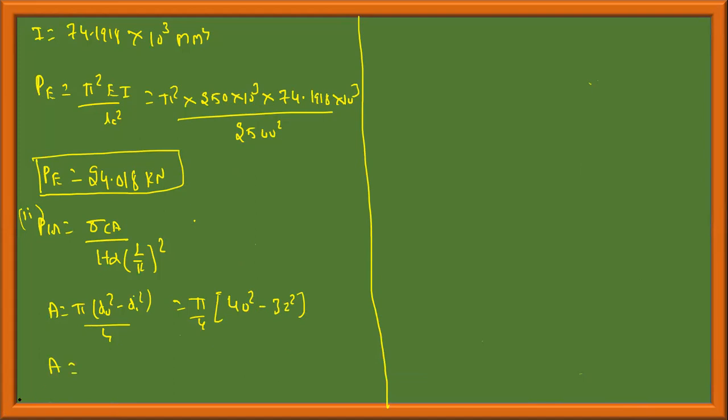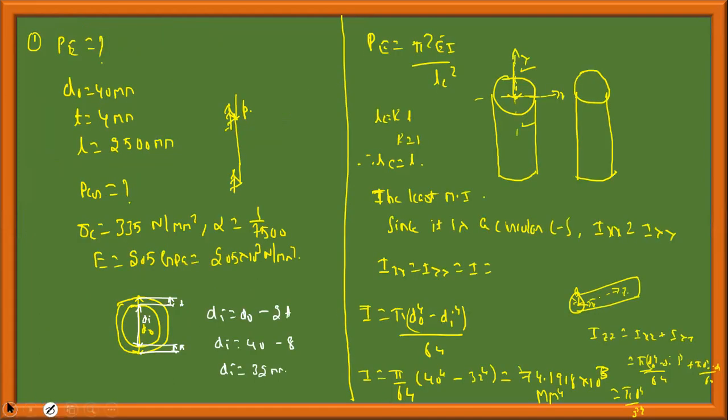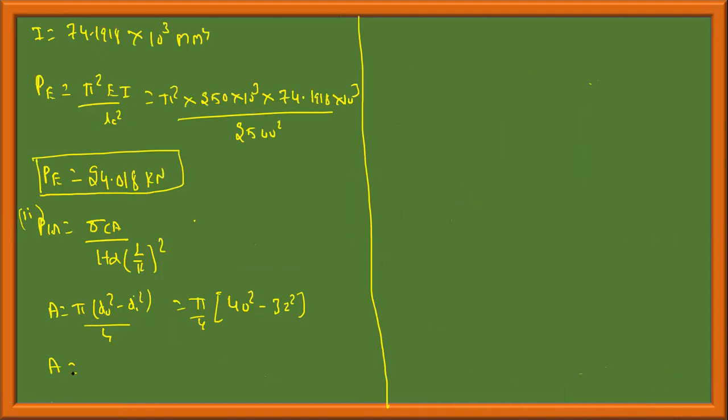Can you tell me area A? Okay, tell me what is area A? How much? 452.16.